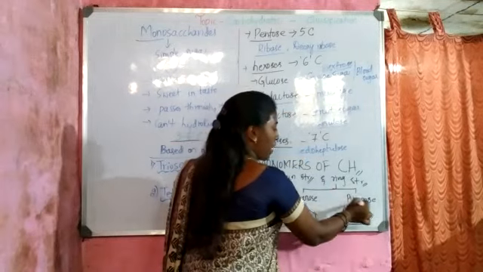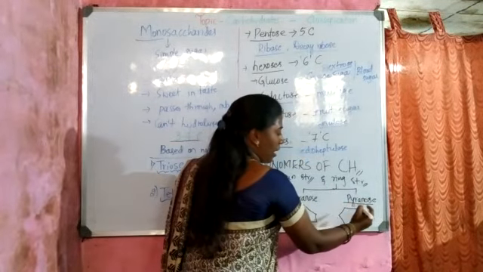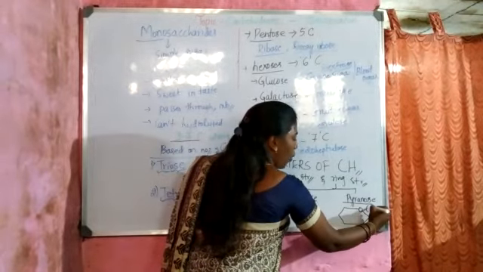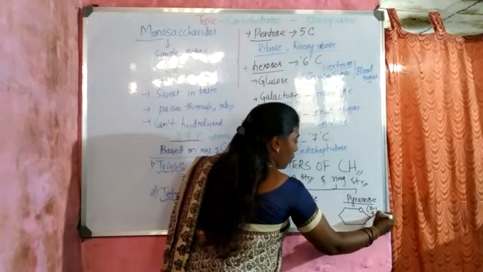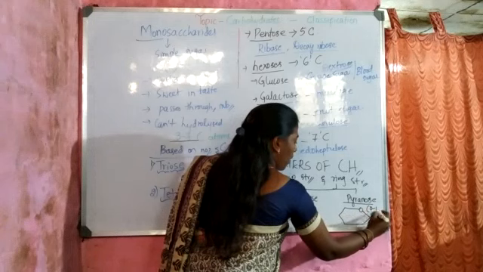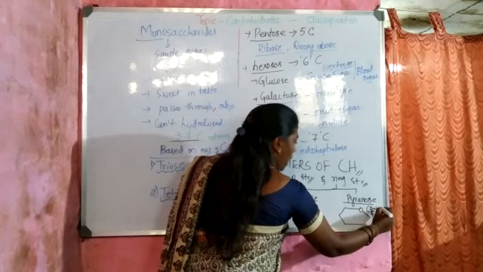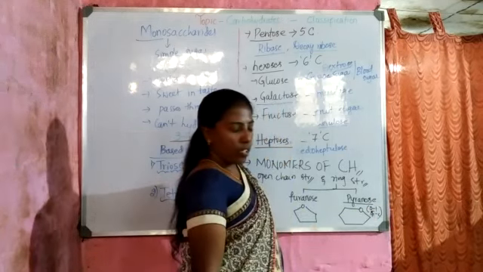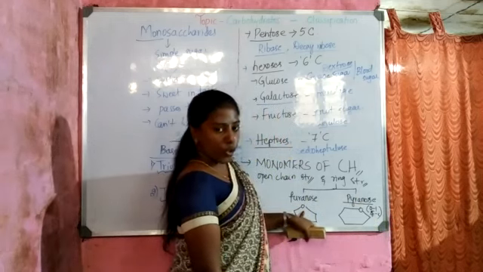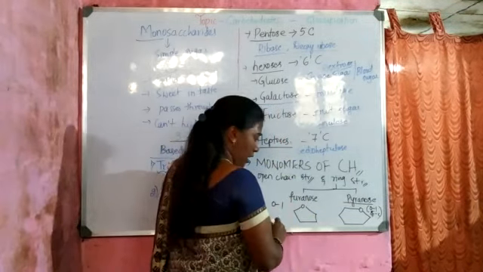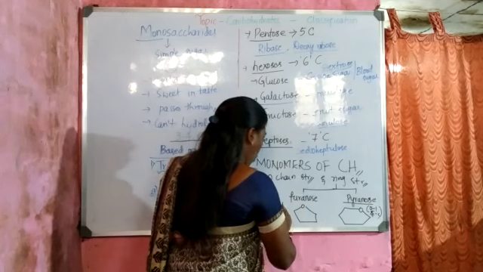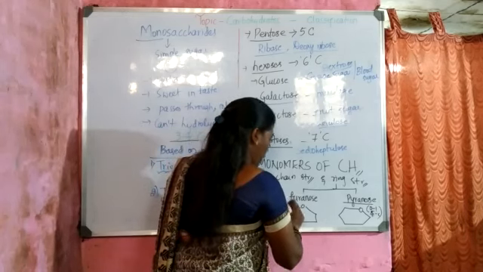In the case of pyranose, inside the ring you can find 1 oxygen and 5 carbon atoms. In the case of furanose, you can find in the ring 1 oxygen and 4 carbon atoms.